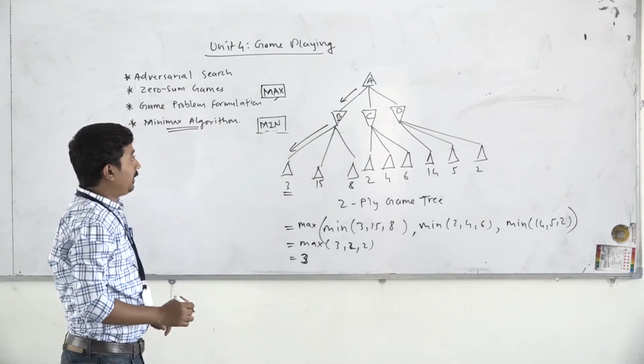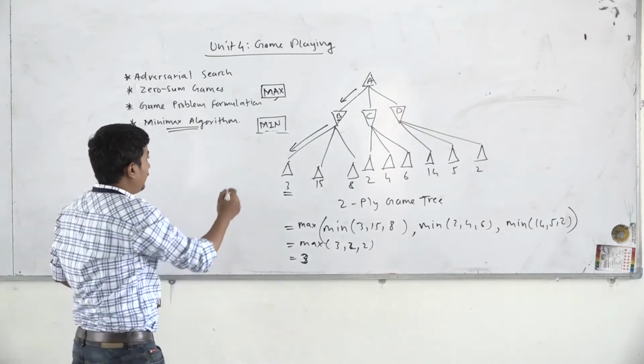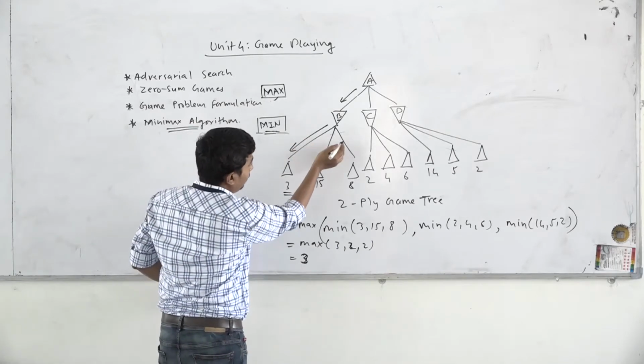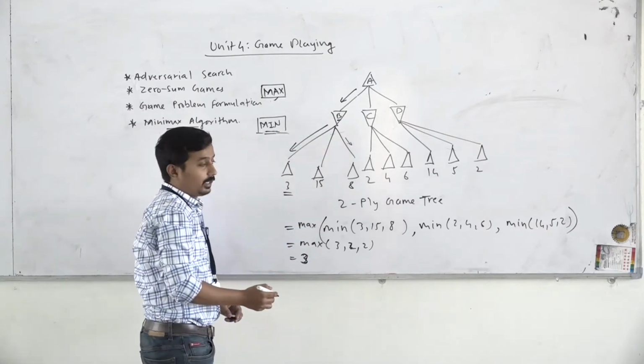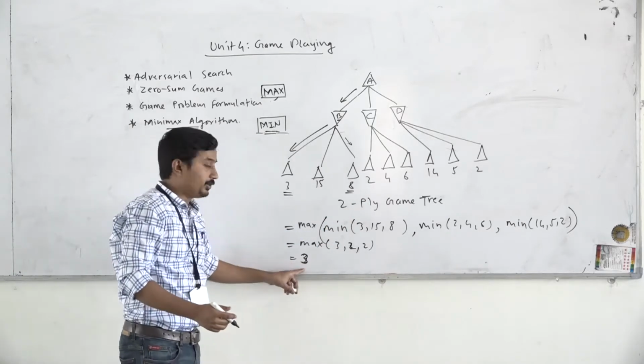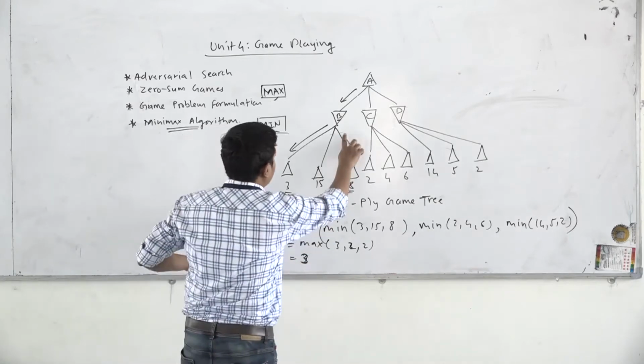We are assuming that both players are playing optimally. If the min player is not playing optimally, he may play another move, and in that case we will get a reward higher than this ensured reward. So this is the minimax algorithm.